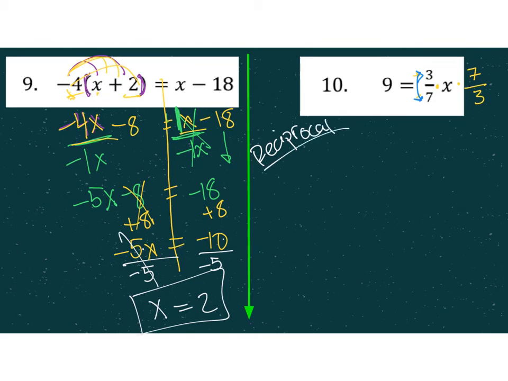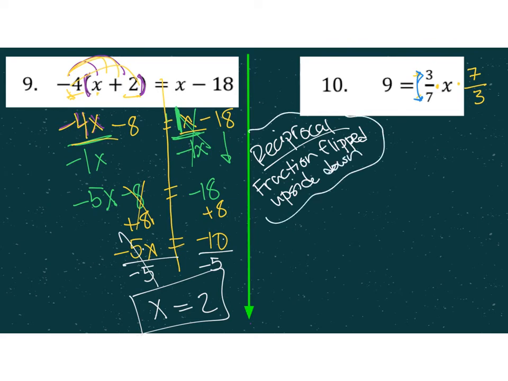Okay, the word reciprocal is when you take the fraction and flip it upside down. So that's a word that you probably have heard before, but maybe you haven't seen in a long time.